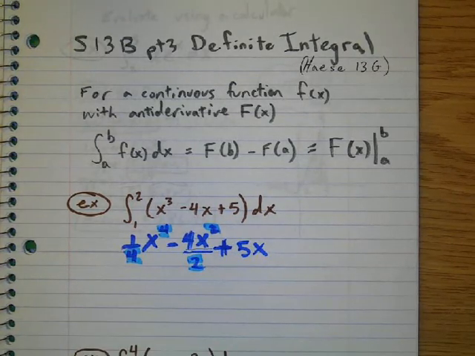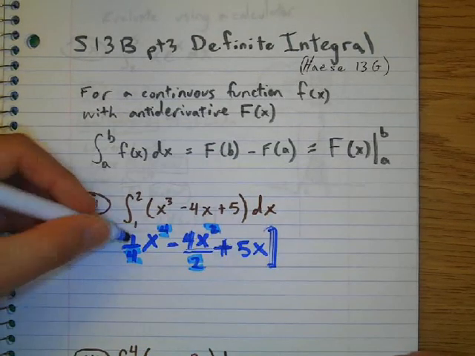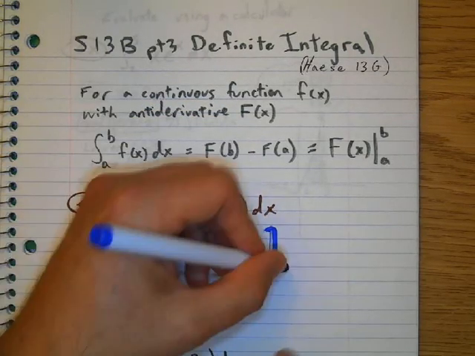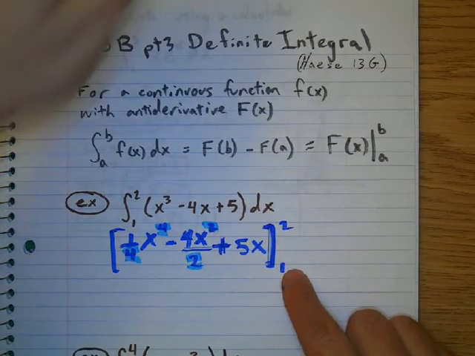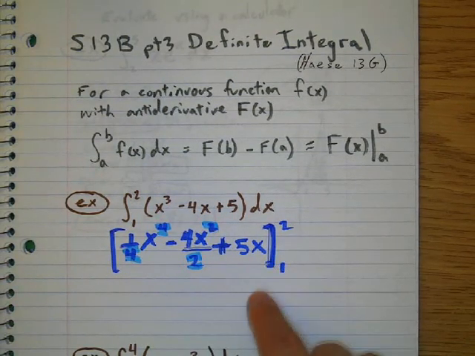Okay, and now we say we're going to do it from 1 to 2. What that means is I'm going to plug in 2 for x, and then I'm going to plug in 1 for x.